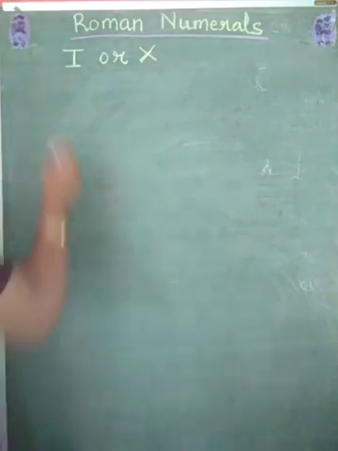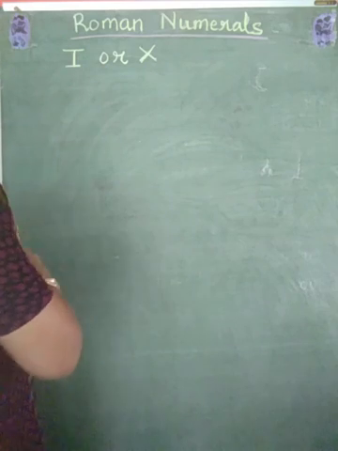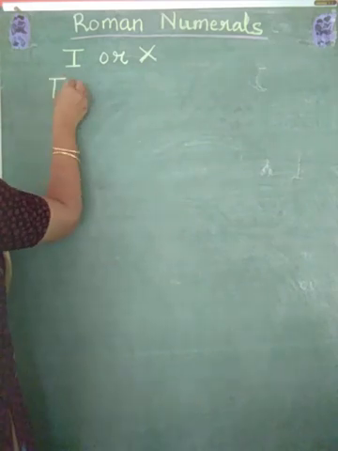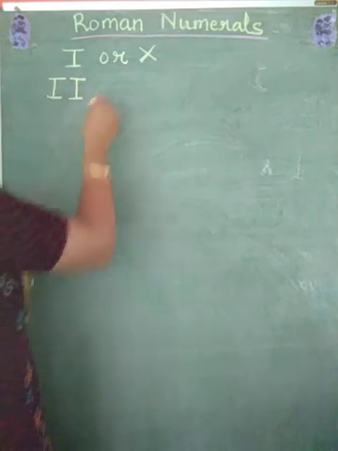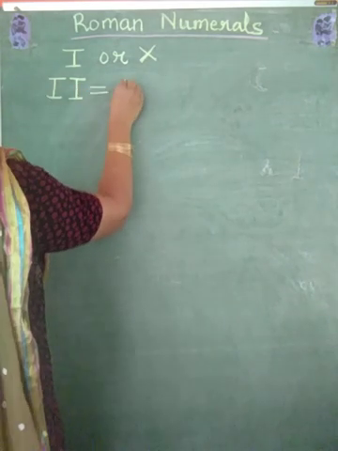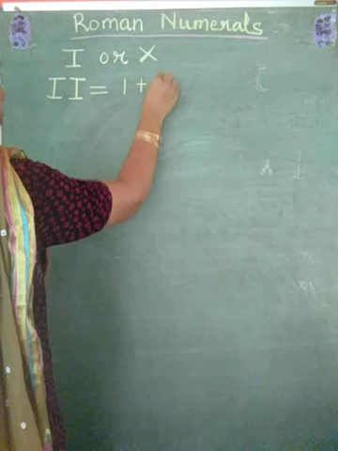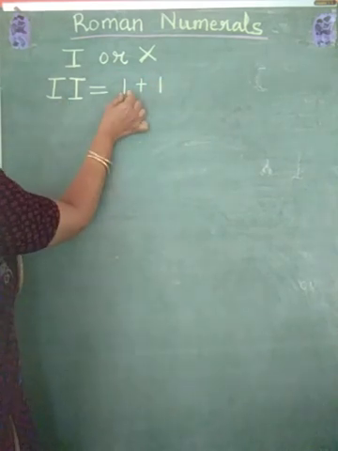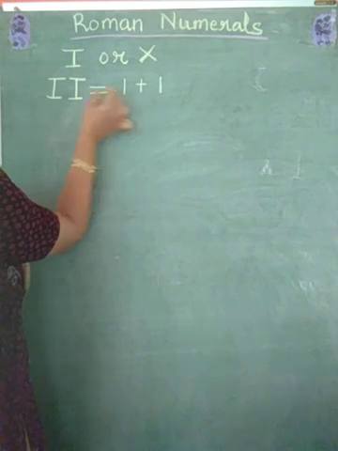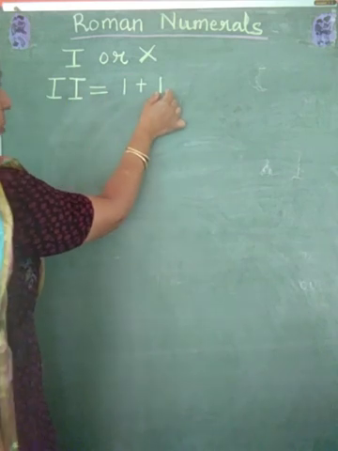Now for example, if I write I 2 times, I I, its sum total will be equal to 1 plus 1, because the first I stands for the number 1. The second I again stands for 1.